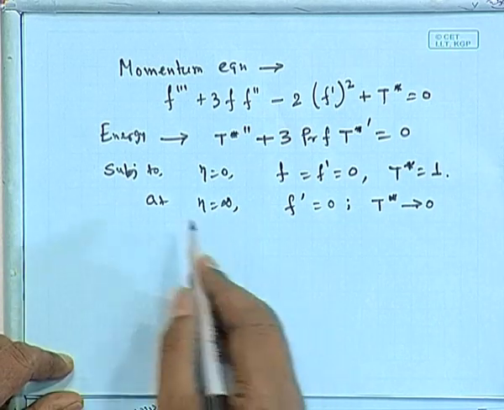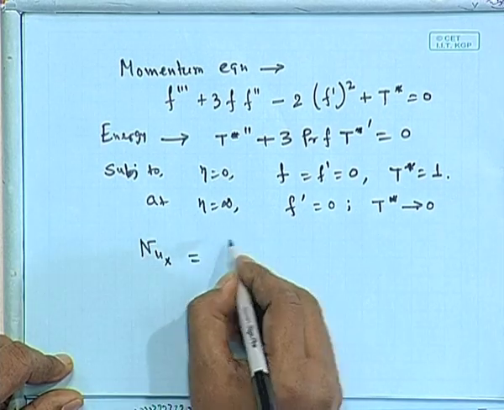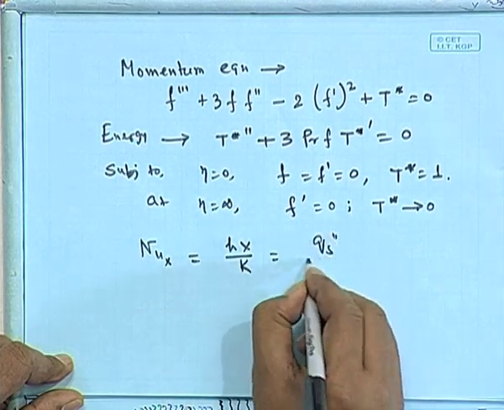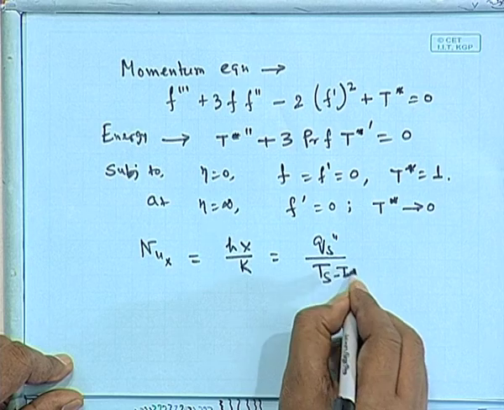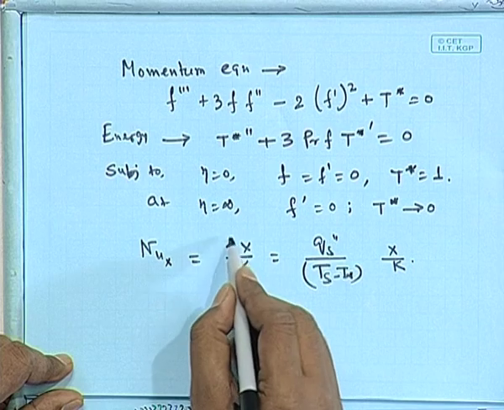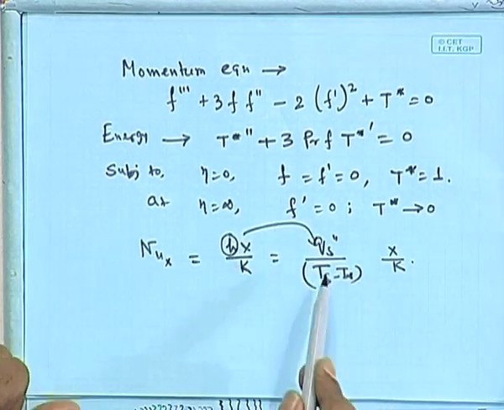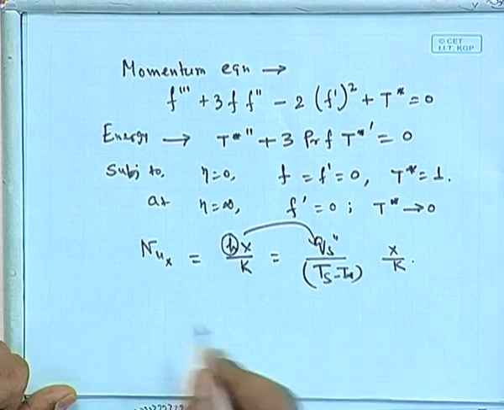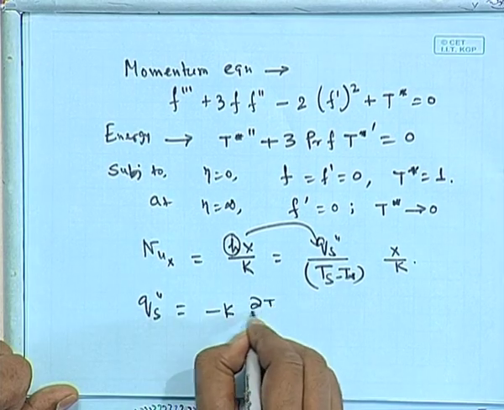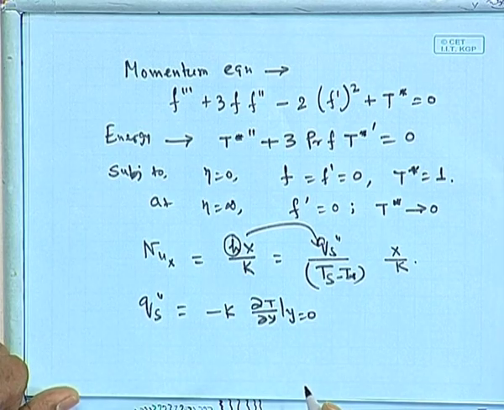Now, the local Nusselt number can be computed as h x by k, equal to q_s double prime divided by Ts minus T infinity. Okay. We put the definition of heat transfer coefficient here. So, basically what you have to do, you have to evaluate minus k del T del y at y equal to 0. Okay.